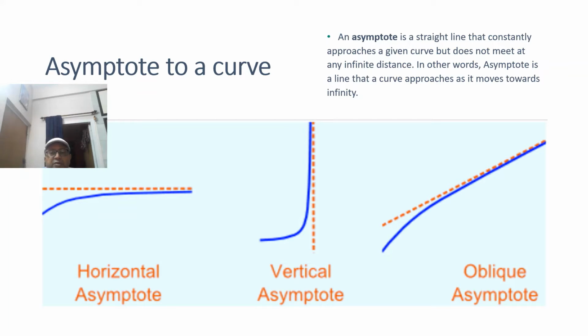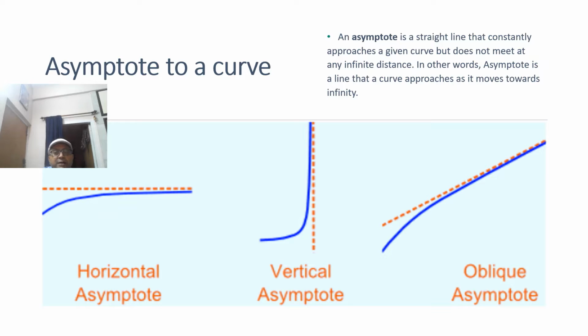Gradually it is tending to 0, and this also will meet the curve at infinity. Definition wise you can state that it will meet at infinity, but actually not. Gradually the distance between the curve and the line is tending to 0.